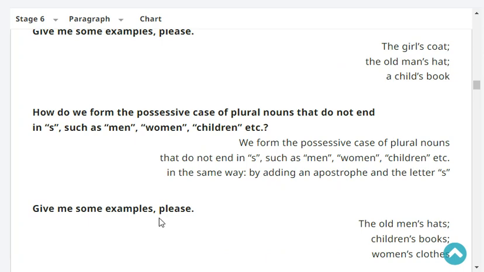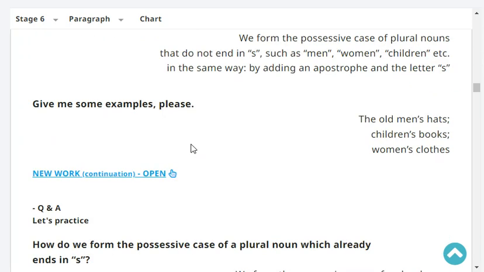How do we form the possessive case of plural nouns that do not end in S, such as men, women, children, etc.? We form the possessive case of plural nouns that do not end in S, such as men, women, and children, in the same way, by adding an apostrophe and the letter S. Give me some examples, please.